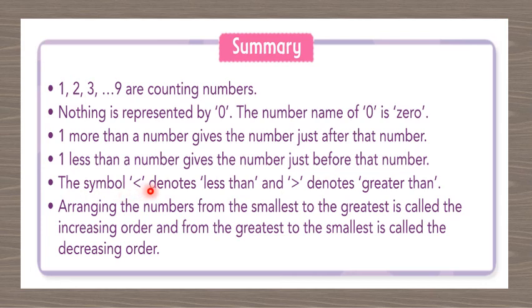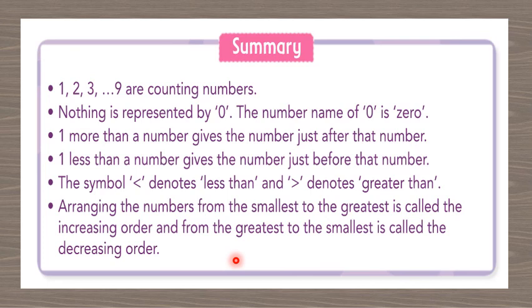The symbol written like this denotes less than, and this symbol denotes greater than. Arranging the numbers from the smallest to the greatest is called the increasing order, and from the greatest to the smallest is called the decreasing order.